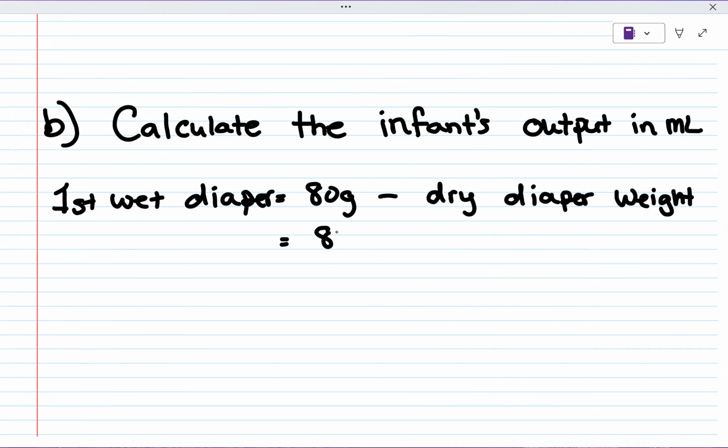The dry diaper's weight was given as 25 grams.